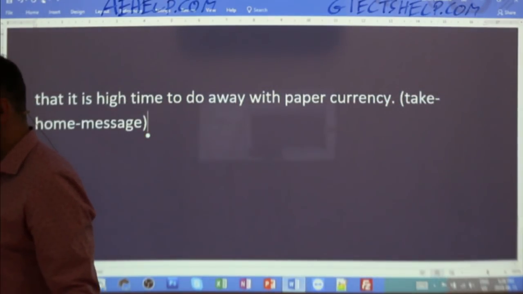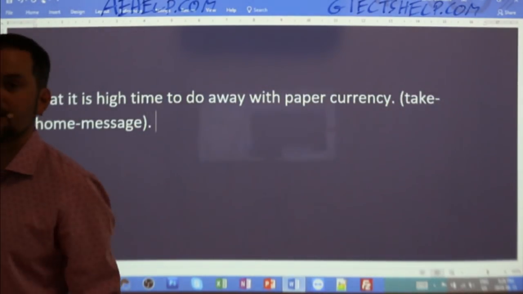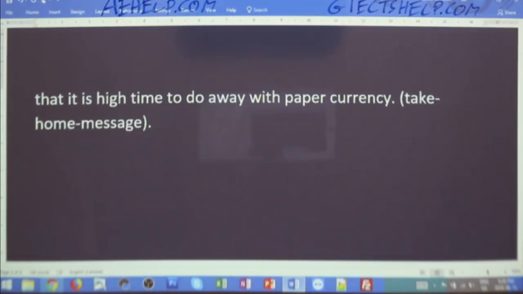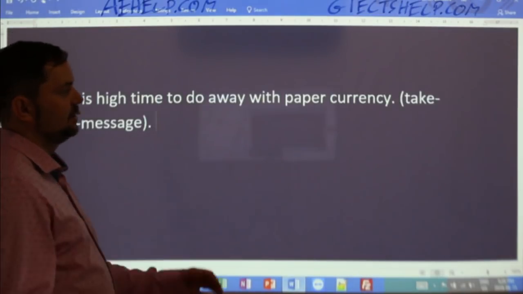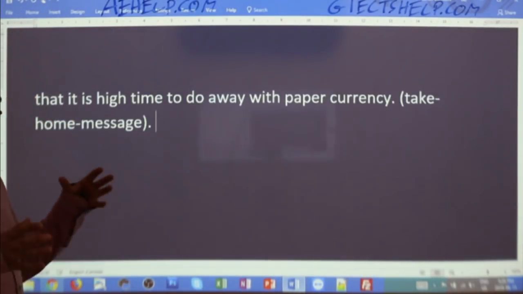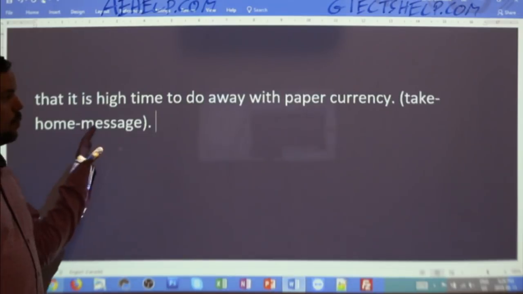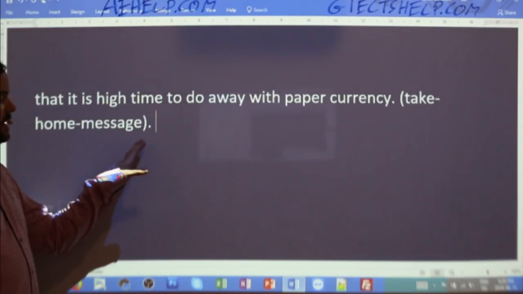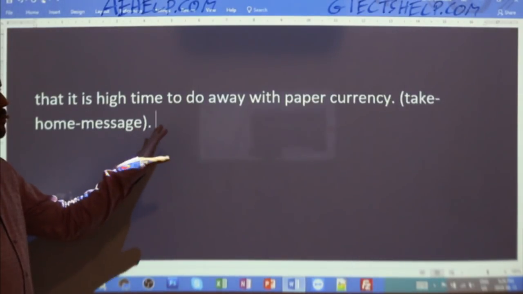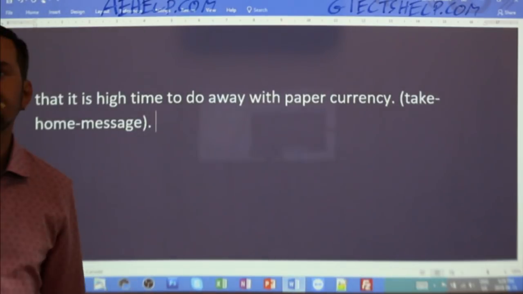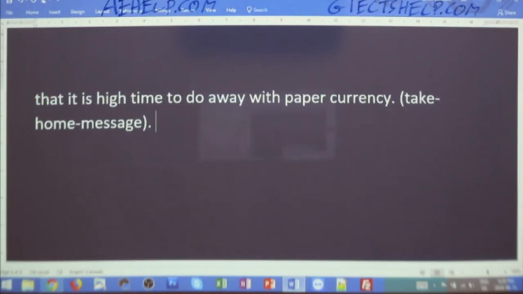Okay? So, what could be a good take-home message here? So after this whole essay, after talking about, hey, it's time to end paper money, let's stick to just digital, it's better, it works better, what could be the take-home message. And keep it something simple. Don't overcomplicate it.